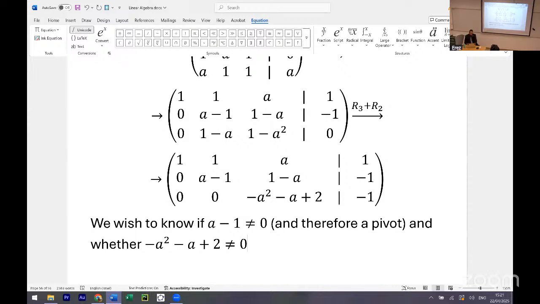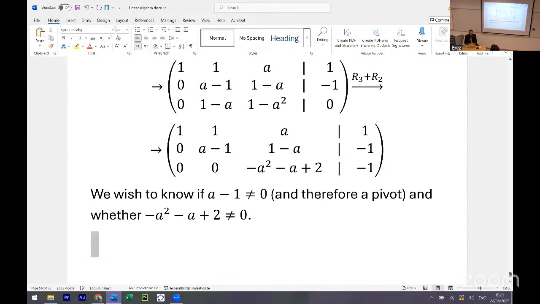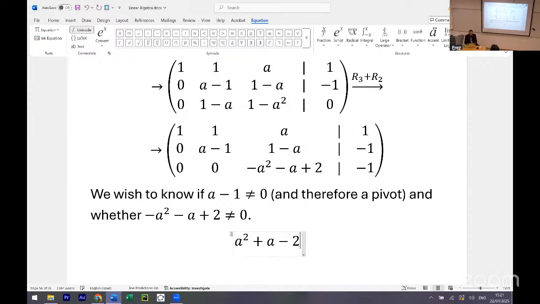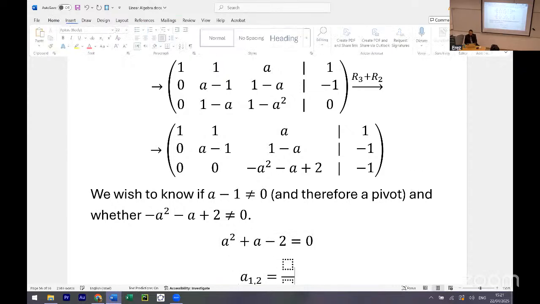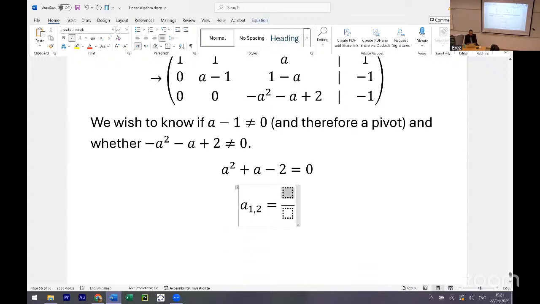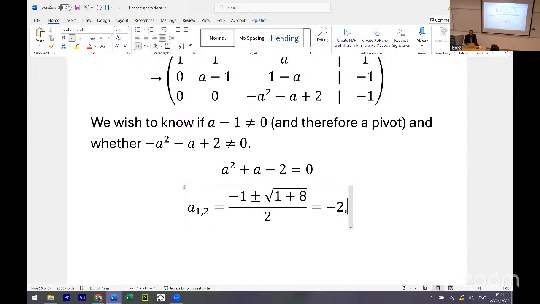So let's solve this. This is A squared plus A minus 2 equals 0. A1,2 is minus 1 plus minus square root of 1 plus 8 over 2, which is minus 1 minus 3 is minus 4, it's minus 2, and minus 1 plus 3 is 1.